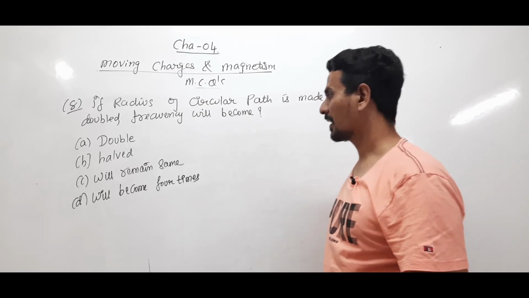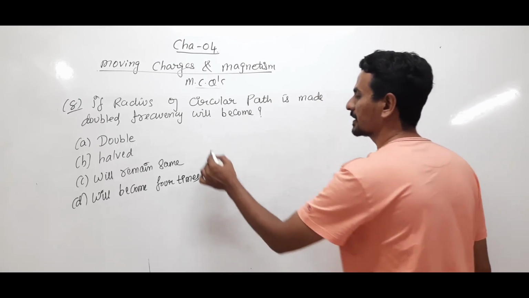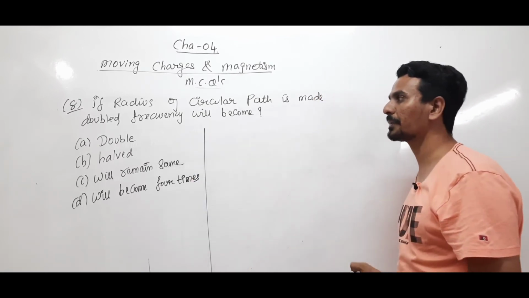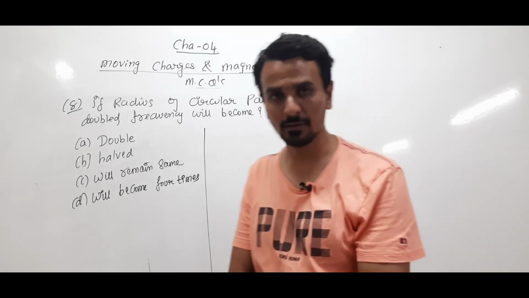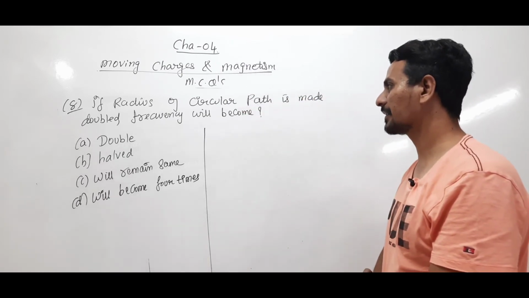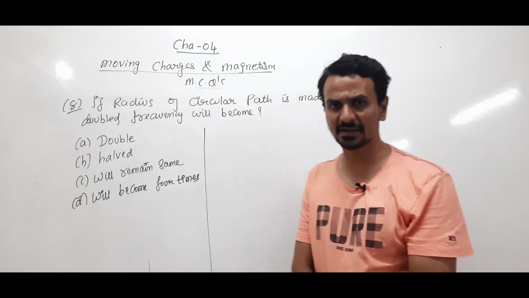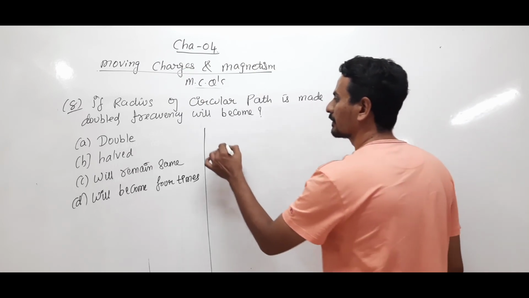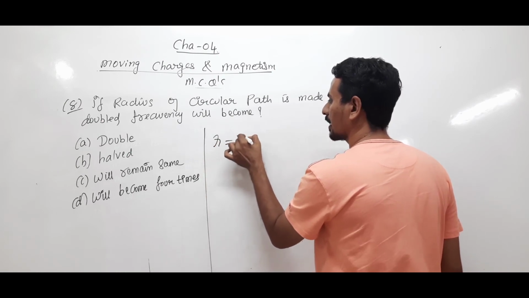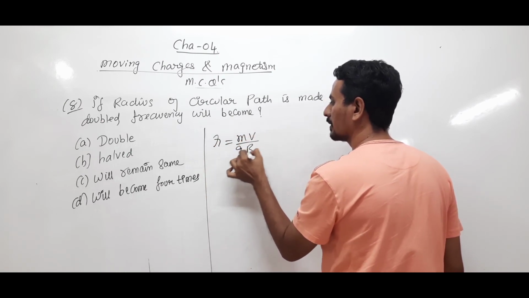Eighth one. If the radius of the circular path is made double, that means if you are making R double, frequency will become what? Let us find the relation between radius and frequency, right? So radius R is equal to mv by qB.